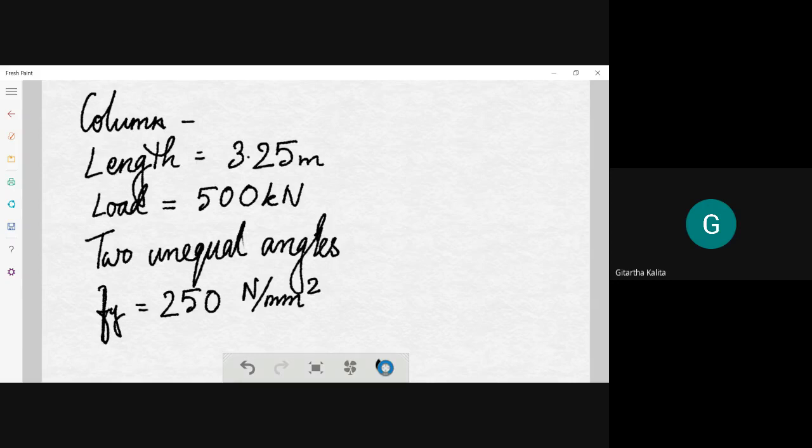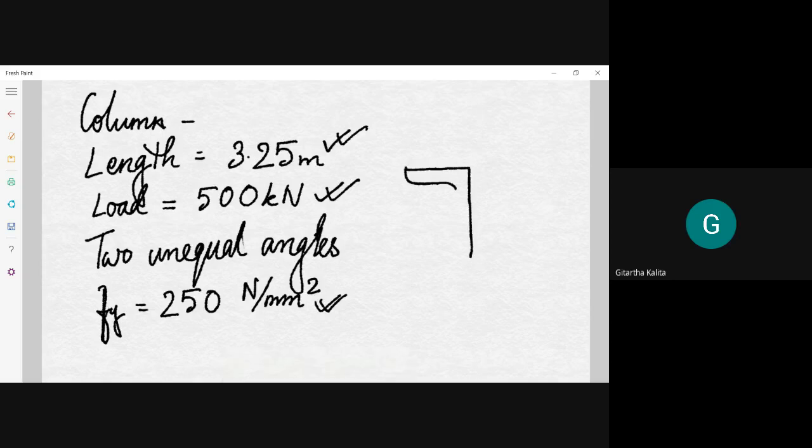So, what do you mean by this? You understood the load, and Fy also we understand. Two unequal angles, what does it mean? It means that if we look at the column from the top, it will look like this.